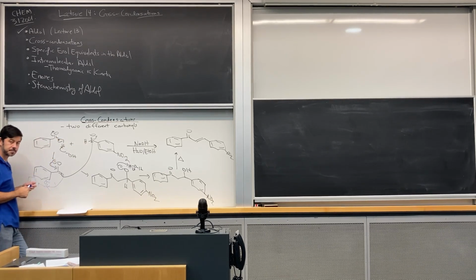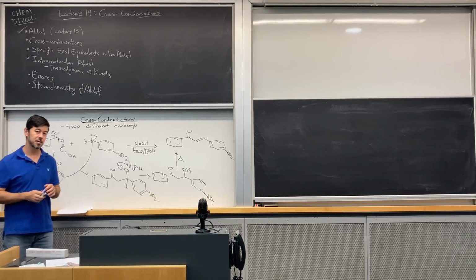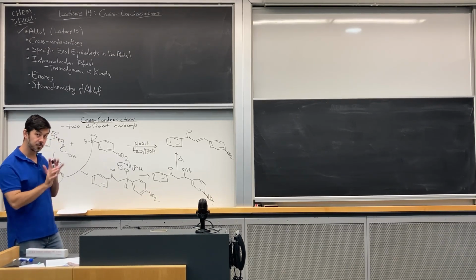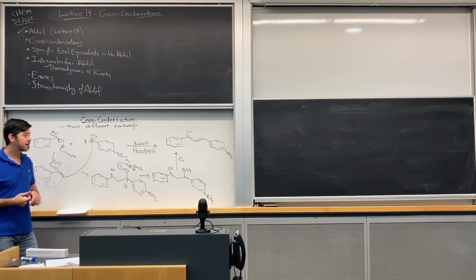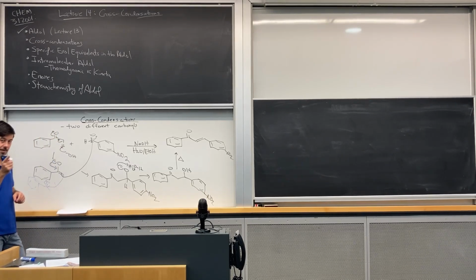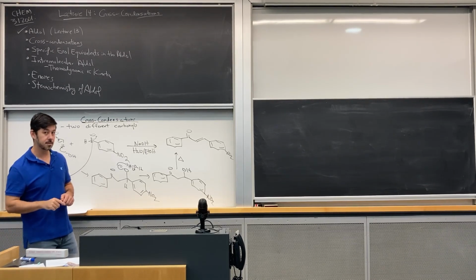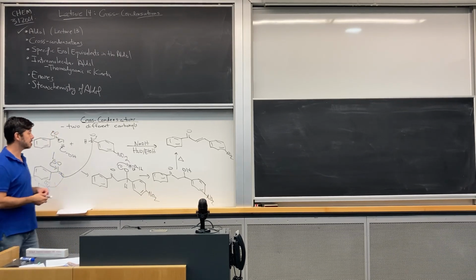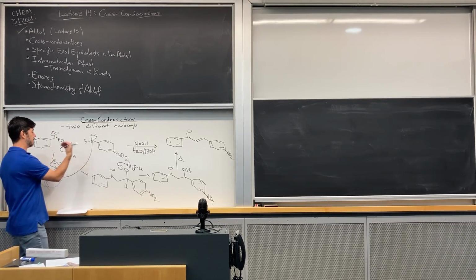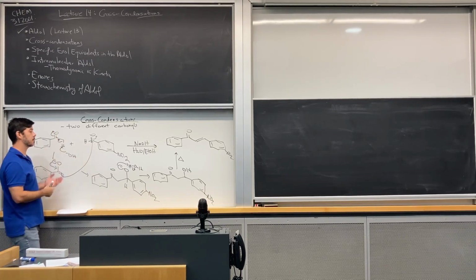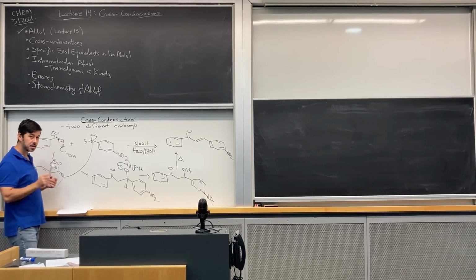So why is that? Think about that for a few seconds. I know we're not doing this in real time, but I'll tell you the answer. Keep thinking. What did you think about it? Let's compare electrophilicity, right? So if you thought of electrophilicity, which one's more electrophilic, the aldehyde or the ketone? The aldehyde is more electrophilic, right?